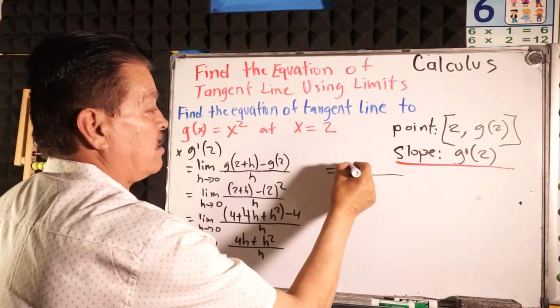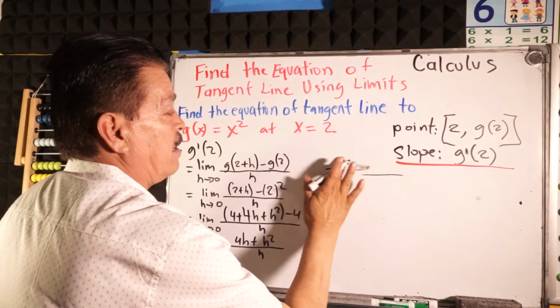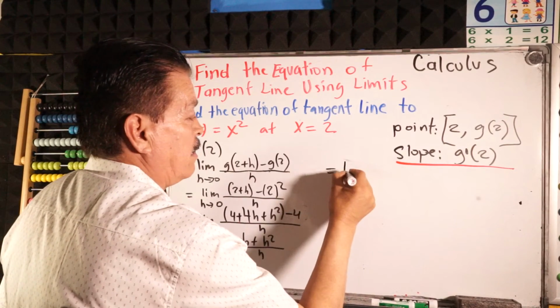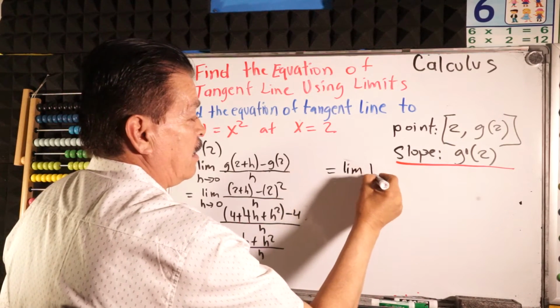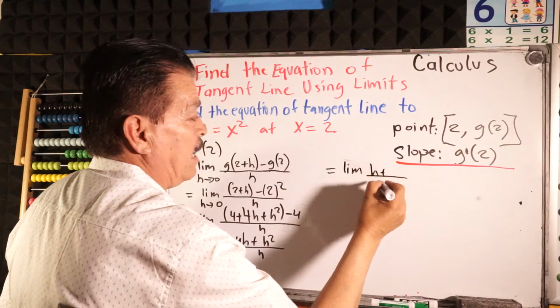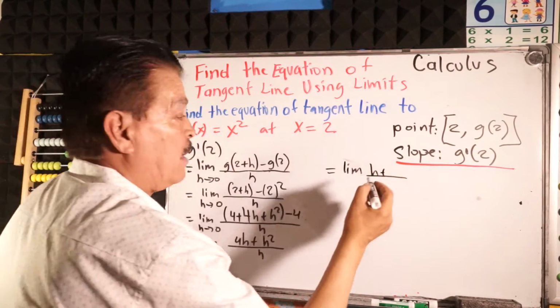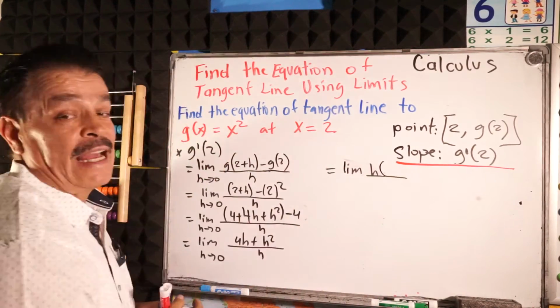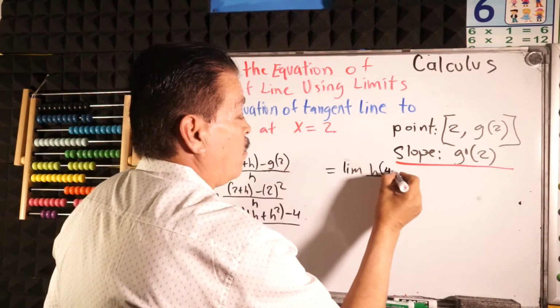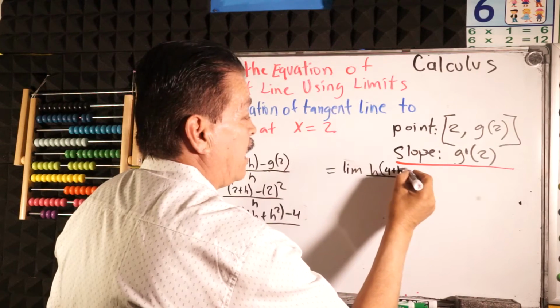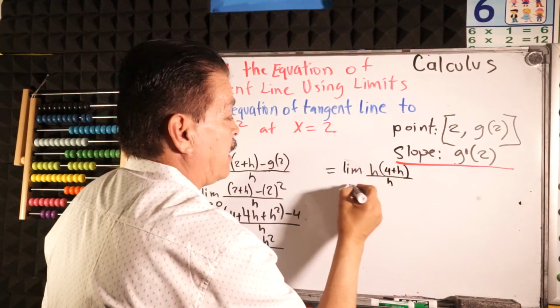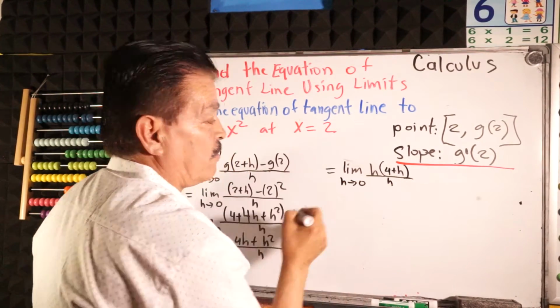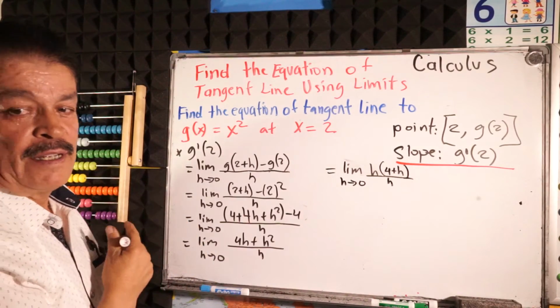All right, we continue. Factoring h, the limit of h times 4 plus h, divided by h when h approaches 0.